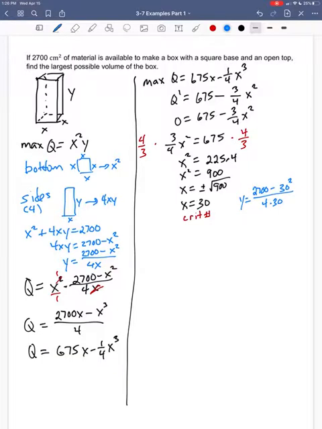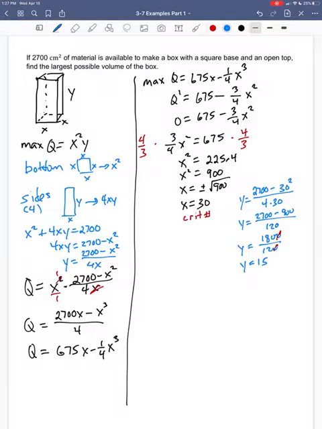So that's going to be 2700, 30 squared is 900. So that's going to be 1800 over 120. Let's see, so divide top and bottom by 10. When I divide that, I get 15. So y is going to be 15.